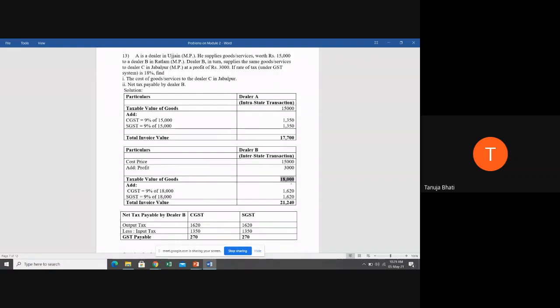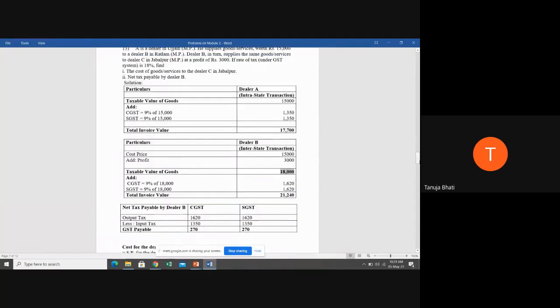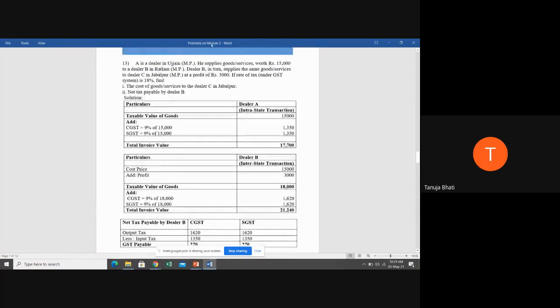Is this clear? Logically, have you understood it? Yes, ma'am. Is this sum entirely clear to everyone? Or does anyone have any doubt in this?